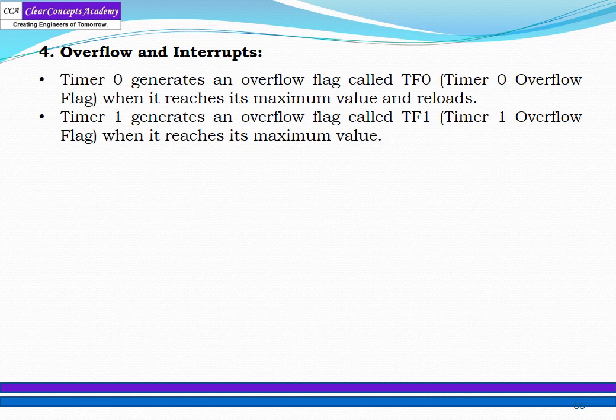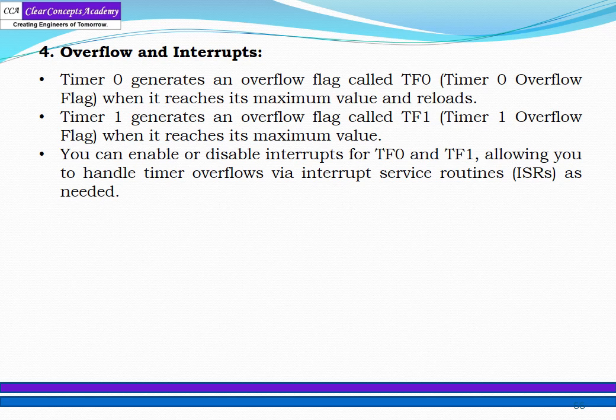When timer 0 overflows, TF0 generates a flag. When timer 1 overflows, TF1 will show the overflow flag when it reaches the maximum value. You can enable or disable interrupts for TF0 and TF1, allowing you to handle timer overflows via an interrupt service routine (ISR) as needed. How this will be done, interrupt enable, we will see later.